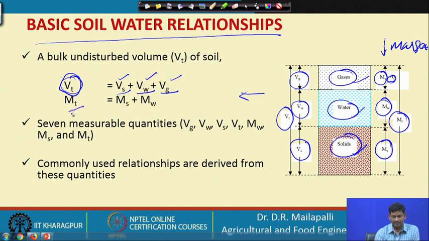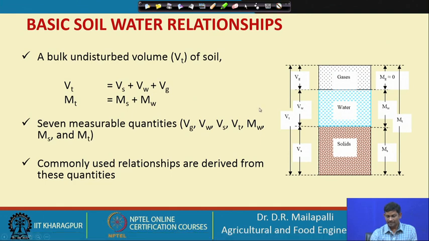Then the total mass is equal to the mass of solids plus the mass of water. So, there are 7 measurable quantities, and commonly used relationships are derived from these quantities. We are going to see what kind of relationships they are.